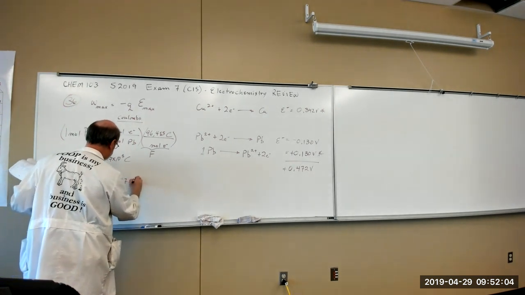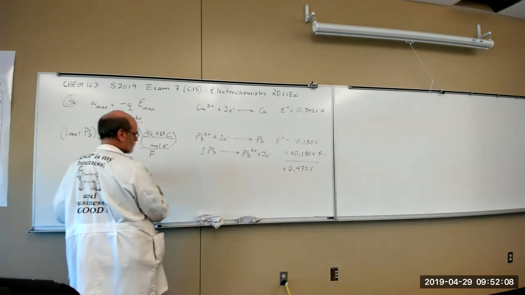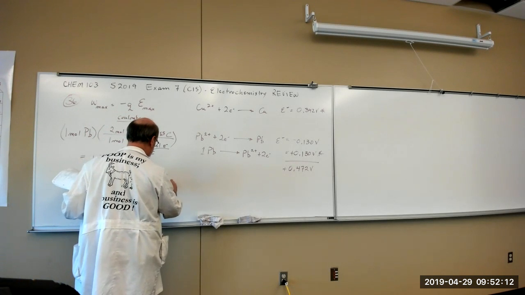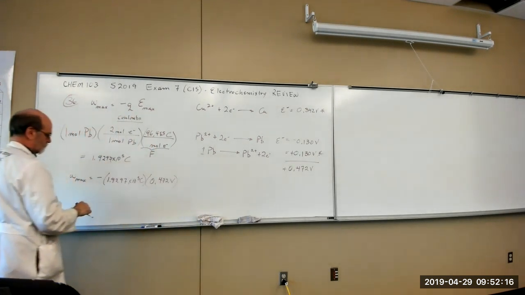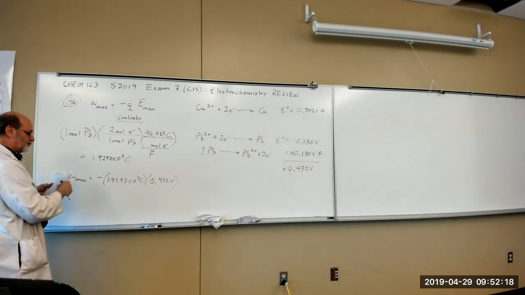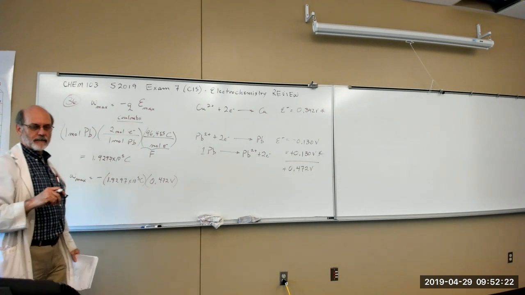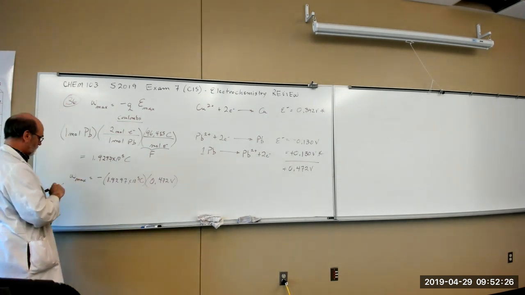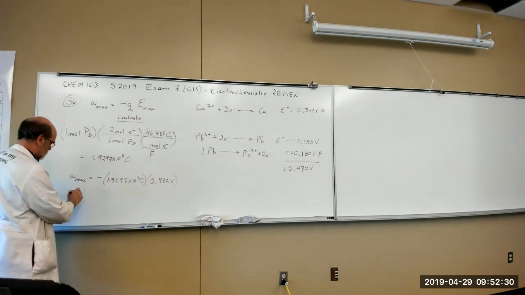1.9297 times 10 to the 5th coulombs times the Emax, which is 0.472 volts. If you're concerned about units of measure, proper canceling: work is energy.